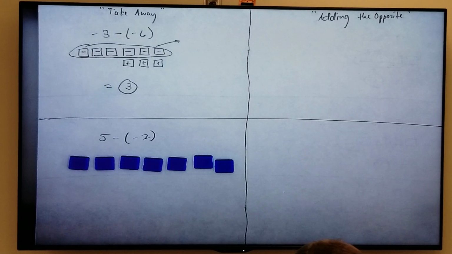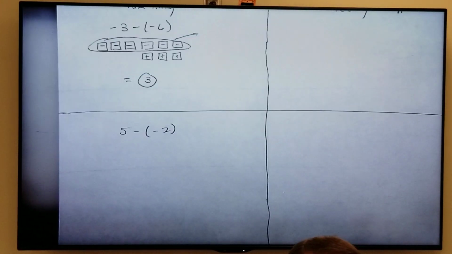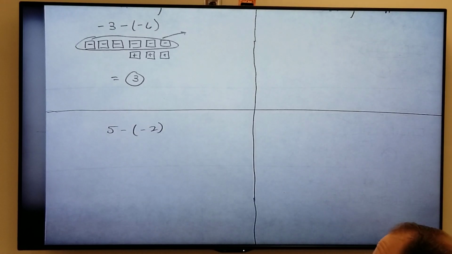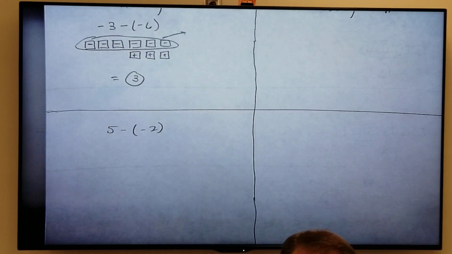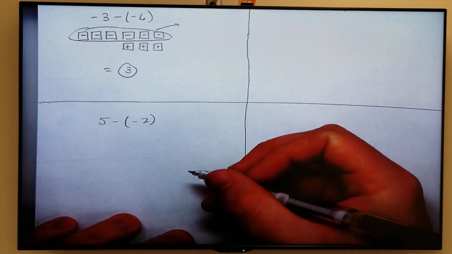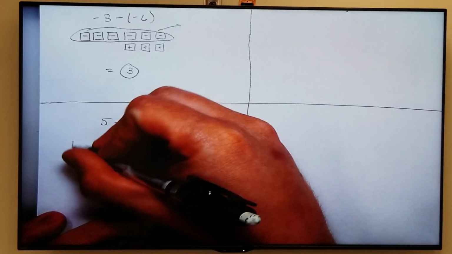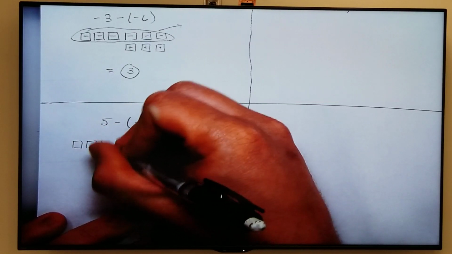Okay? So drawing that out. And now, the nice thing about these videos is that you can pause them, you can rewind them, you can watch them. So if you didn't catch that, rewind it and watch it again. But now, here's how I would draw this out. So I've got 5 positive tiles.